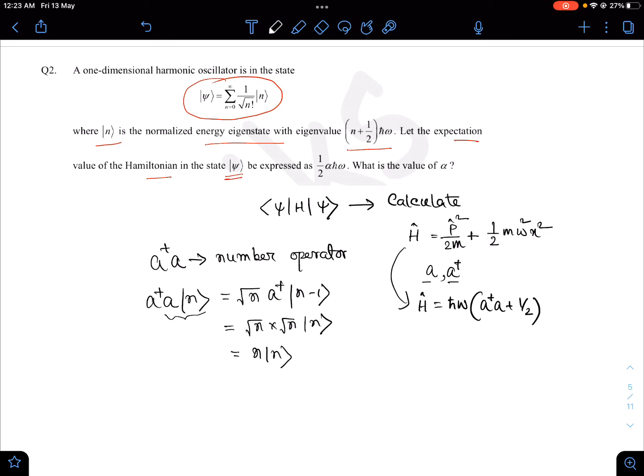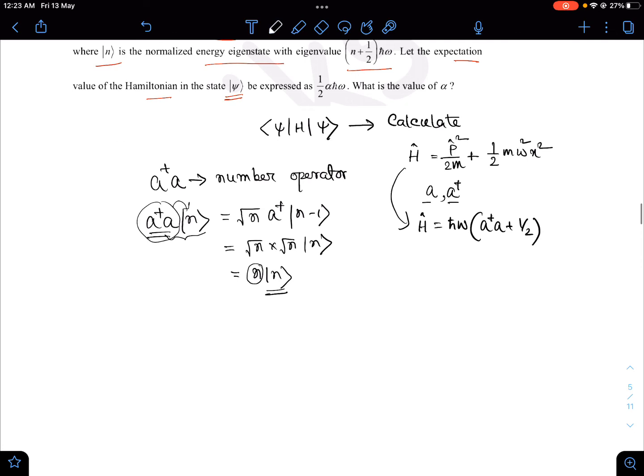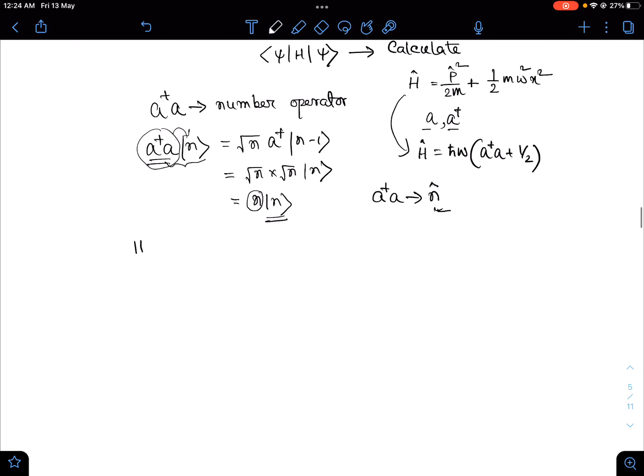So this operator is called the number operator because if we apply it on the nth state, we get the number n of that state, and it returns the same state. So we can write the Hamiltonian as ħω(number operator plus half).